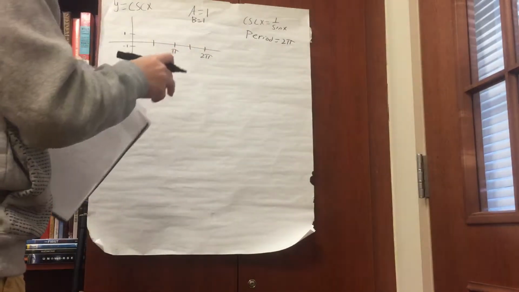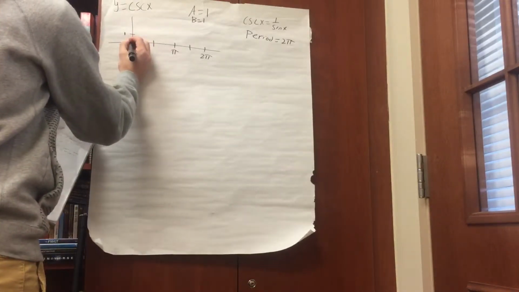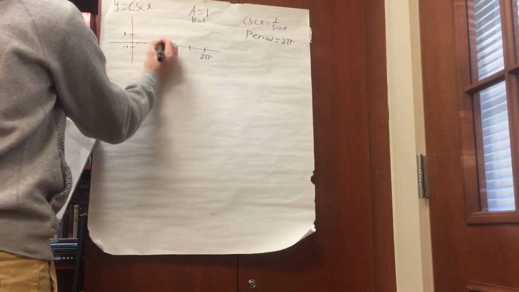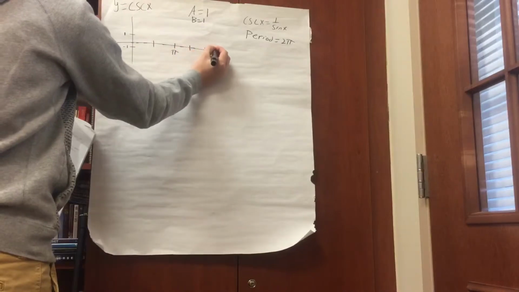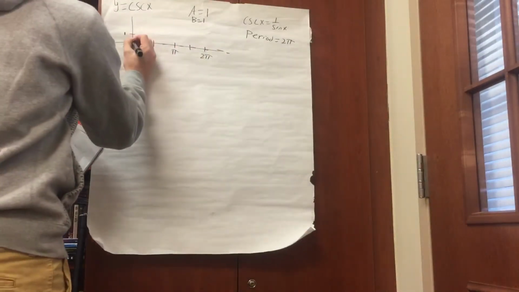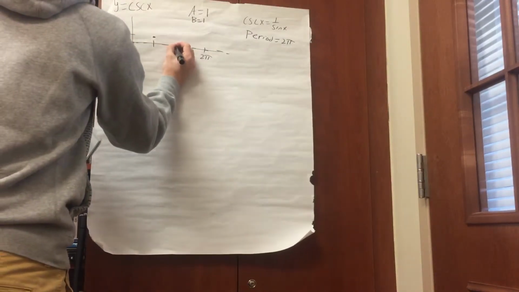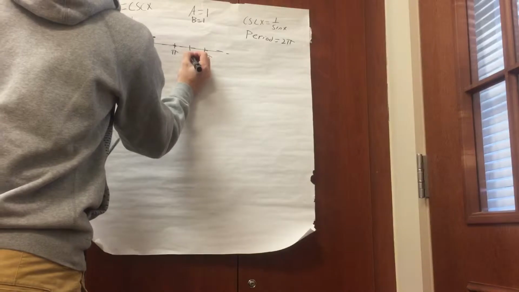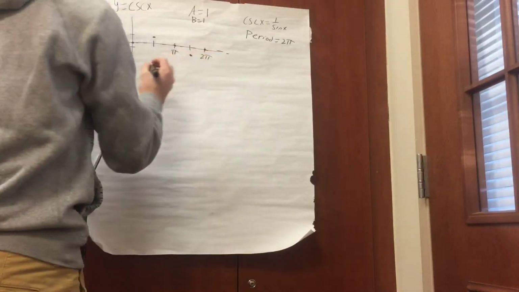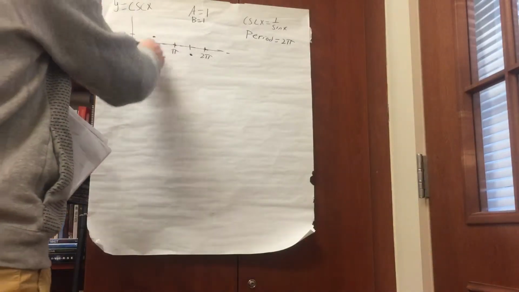There's no vertical shift, so our line where it crosses the x-axis is going to be right here. Then you start here, you put a point here, here, and this is going to be your line. This is going to be your sine graph.